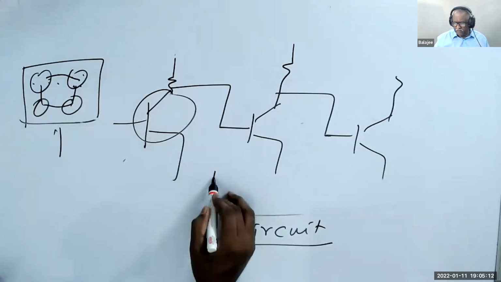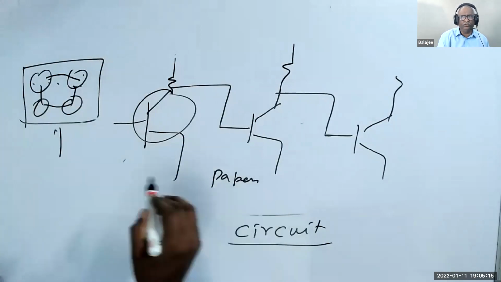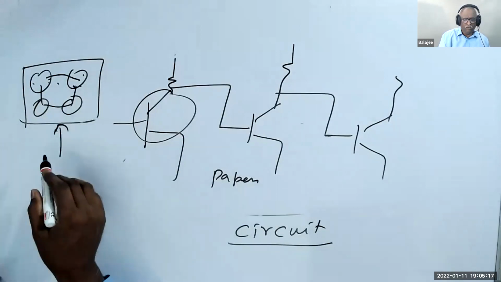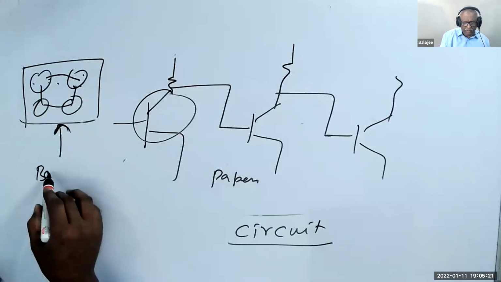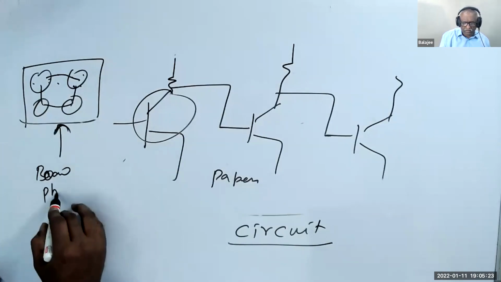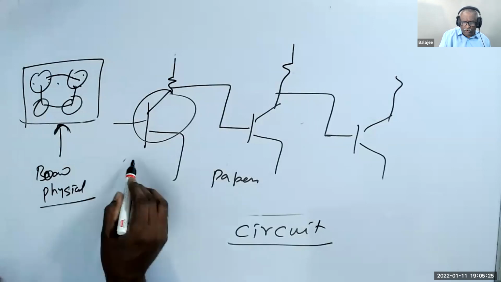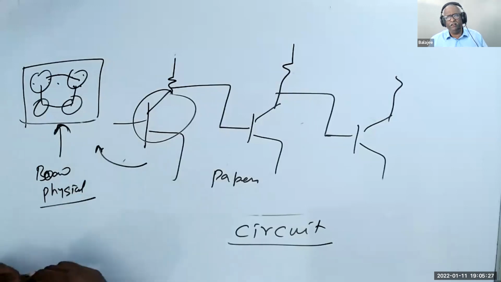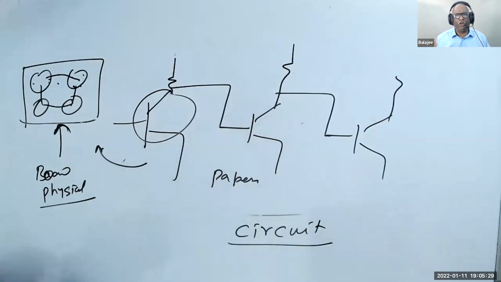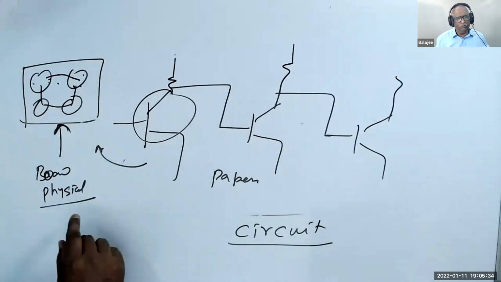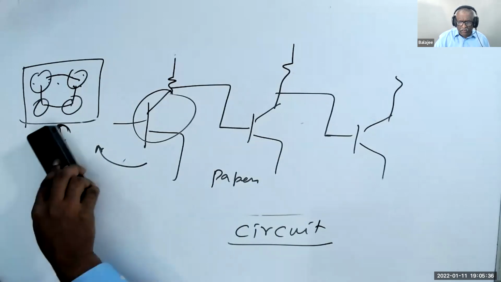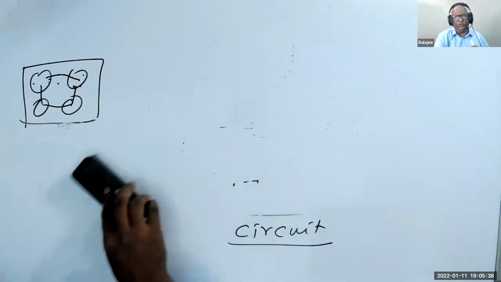This is on paper. This is on a board, physical. So you are converting. You can draw anything on paper, but you cannot use it. You can use it only on the board. On the board, when you do it physically, if you have few transistors, fine.